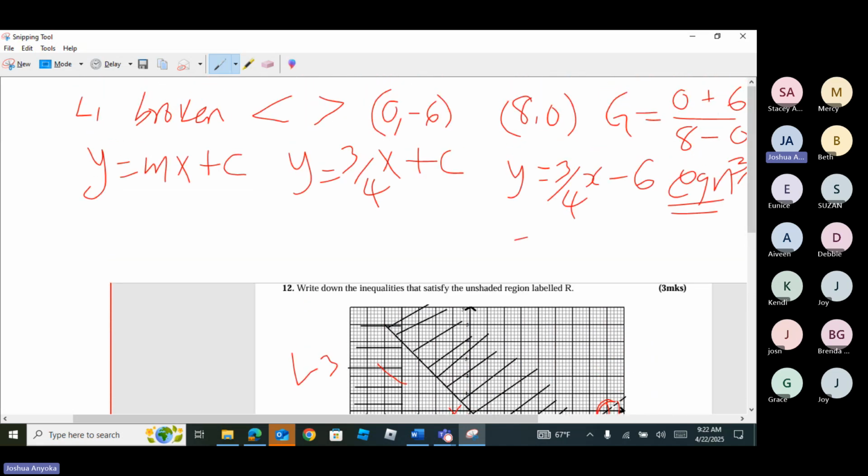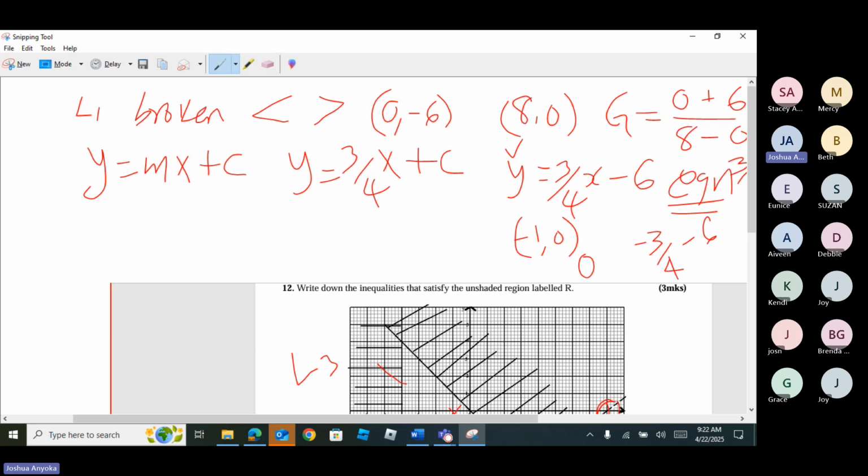So substitute -1, 0, and it must give us a true statement. So y is 0, and x is -1. Putting -1 there, it will be -3/4 minus 6.